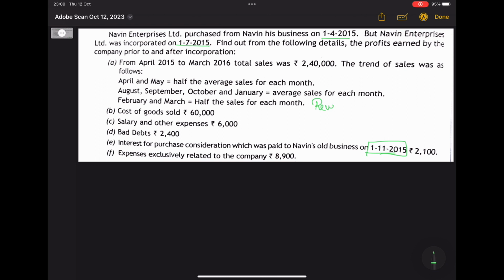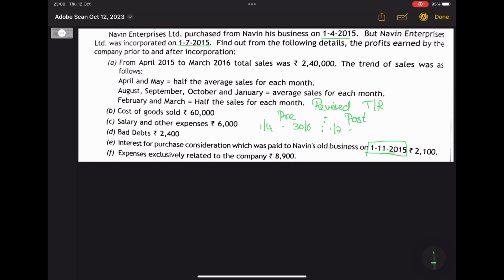You can call it a revised time ratio, because I am calculating up to November. Pre-incorporation period to post-incorporation period: the beginning is 1/4/2015. Incorporation was before 30th June, so the same.